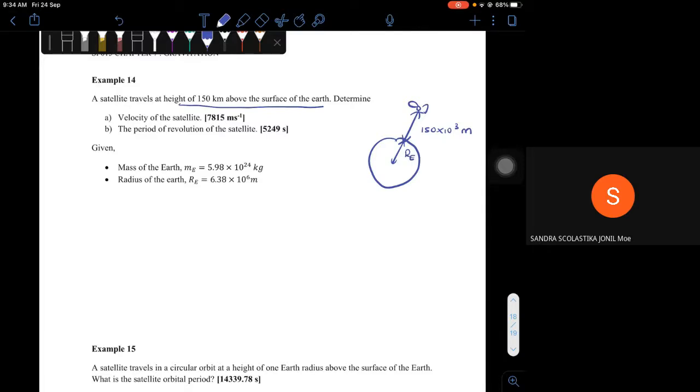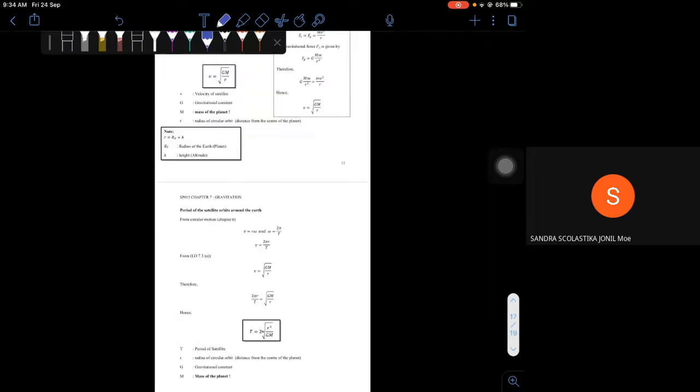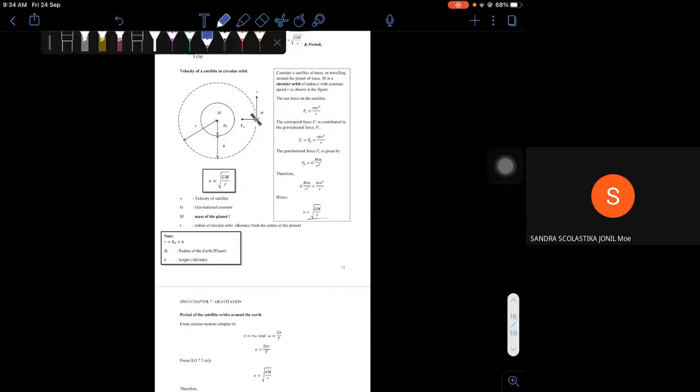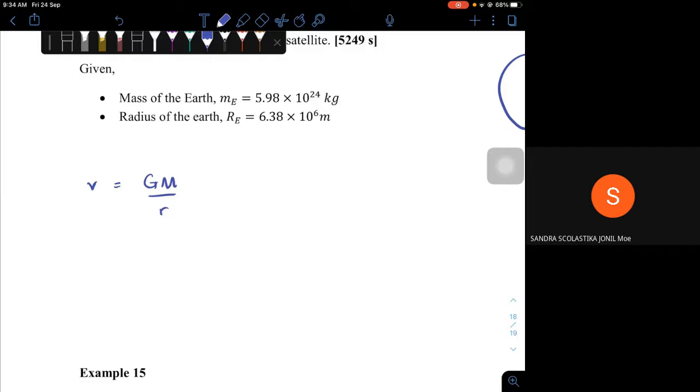So just go ahead and use this formula. GM over, apa tadi formula dia? GM over R. I know you can be confusing. Misalnya kamu confusing nak guna formula, nak hafal formula mana-mana kan? Mass apa. Tapi tak apa.